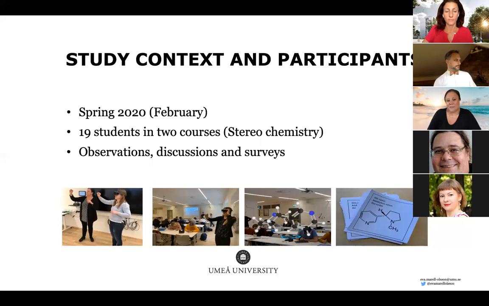And we conducted it in two courses. We did this by observations, and we had discussions, and we made questionnaires with the students. So we designed a teaching activity where the students were using the HoloLens 1, and they could see a molecule, and they could go around it, rotate it, and move it.